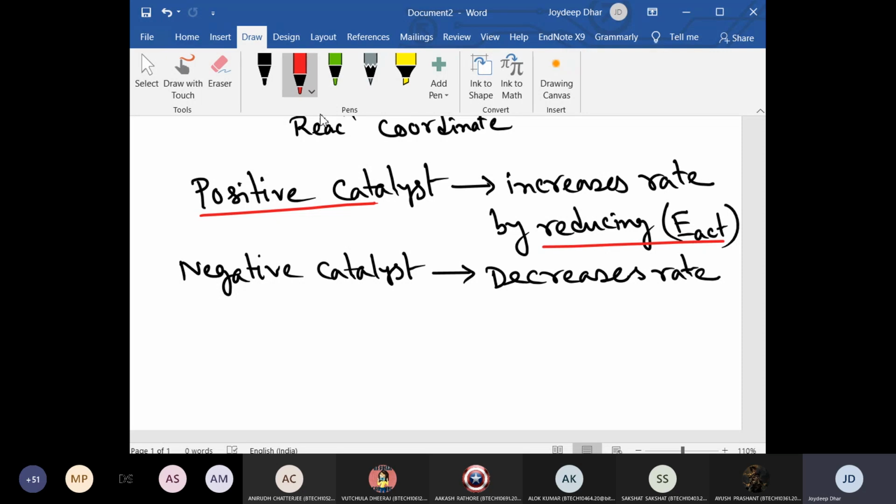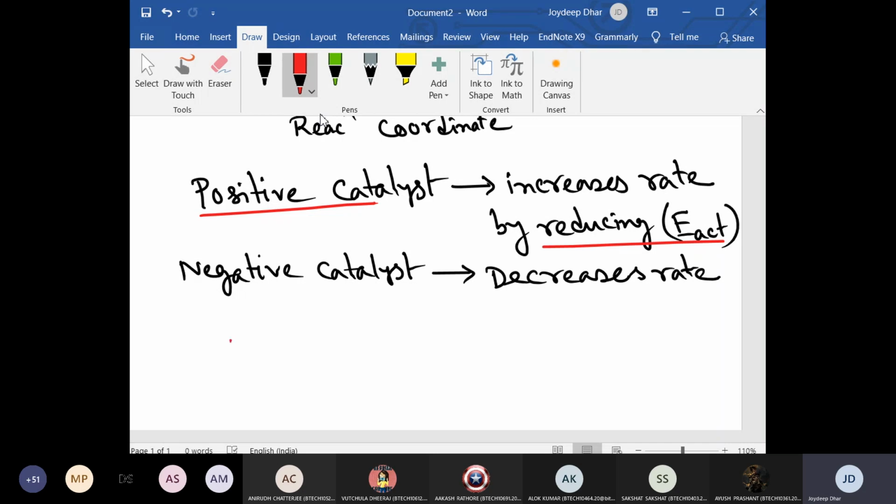That is always true. But negative catalyst doesn't increase the activation barrier. It generates some intermediate species or some chemical reaction will take place, so that the reaction that is happening will be stopped.